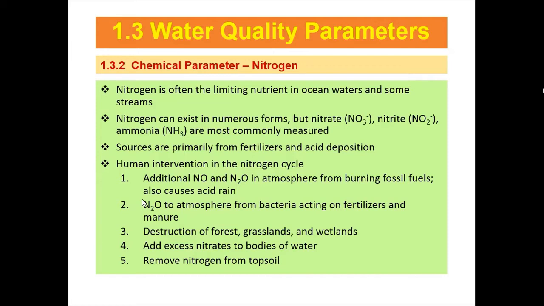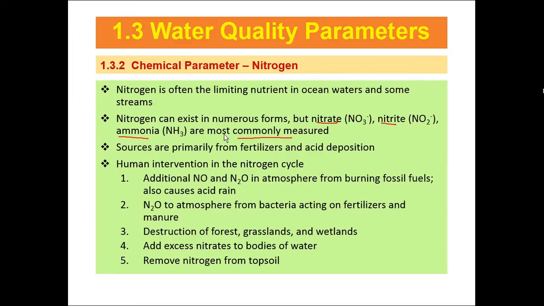Nitrogen can exist in numerous forms, but commonly in our streams the main parameters are nitrite, nitrate and ammonia. These are commonly used to measure nitrogen in water.